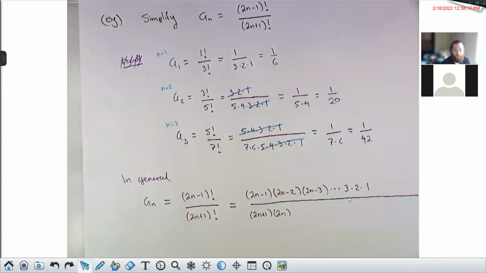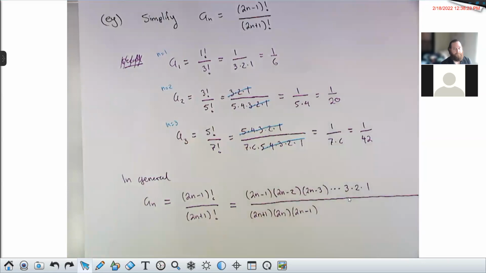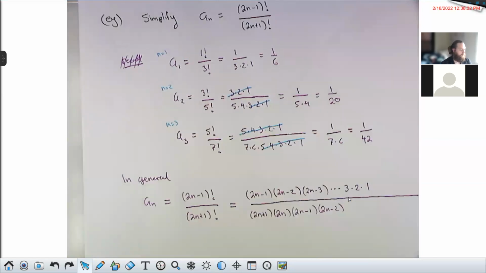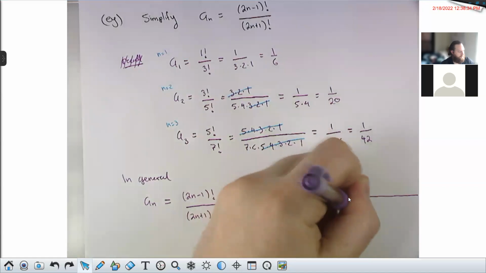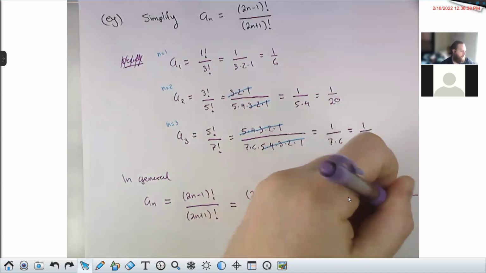And then the next term in that downstairs, subtract 1. So that's 2n minus 1. Next term, subtract 1, that's 2n minus 2. Subtract 1, that's 2n minus 3. All the way down till you get to 1.